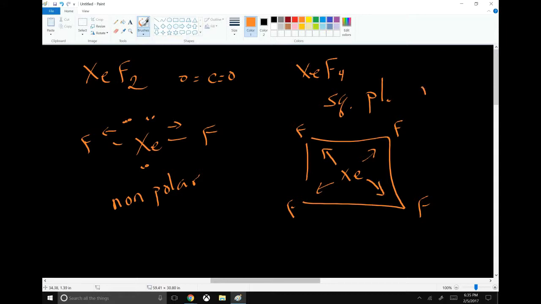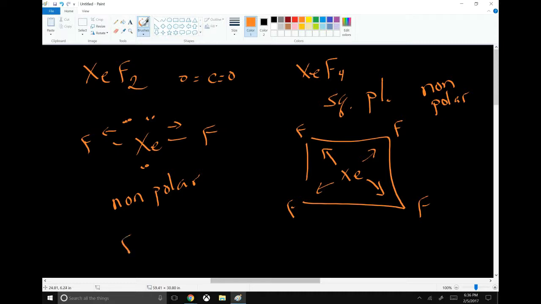So xenon tetrafluoride is also nonpolar. So you should still draw out the molecule. You should still find the molecular geometry just to be on the safe side. Because until you've had a lot of practice, you're not going to be able to work out the molecular geometry really fast just by looking at the formula. The safest way to do it is to draw out the molecular geometry.